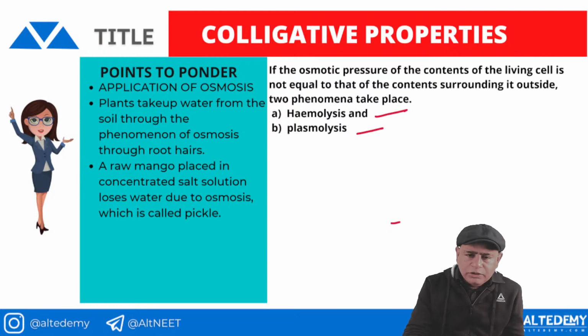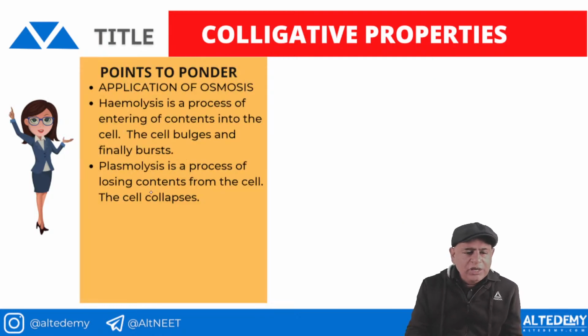We can choose to skip hemolysis and plasmolysis also, but then we know it. Hemolysis is the process of entering of contents into the cell. The cell bulges and finally bursts.